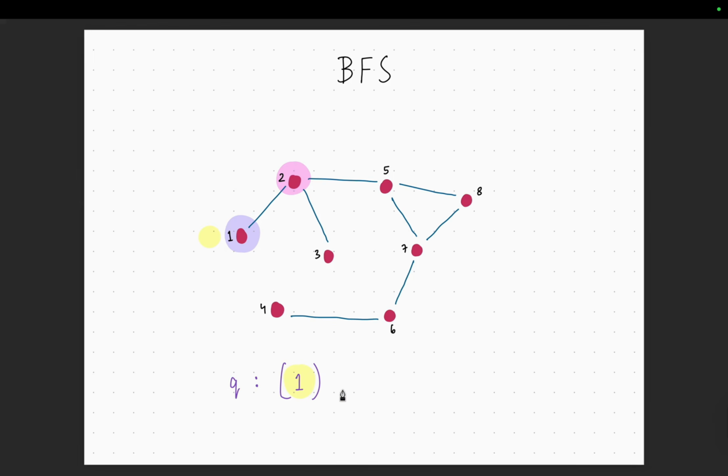Yeah, and then because the queue is again not empty, while the queue is not empty, you dequeue the first element from the queue, and so we dequeue 2 and go to its neighbors. Then one by one, we enqueue the neighbors.